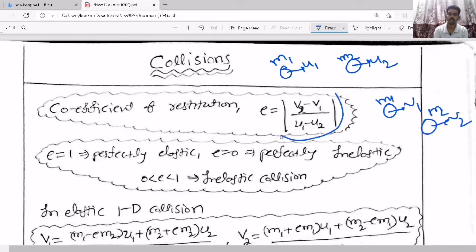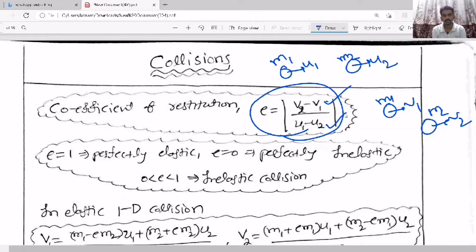Then the very first thing you can define is the coefficient of restitution. The coefficient of restitution is nothing but the ratio of relative velocity after collision, that is v2 minus v1, to relative velocity before collision, that is u1 minus u2. That is the coefficient of restitution.